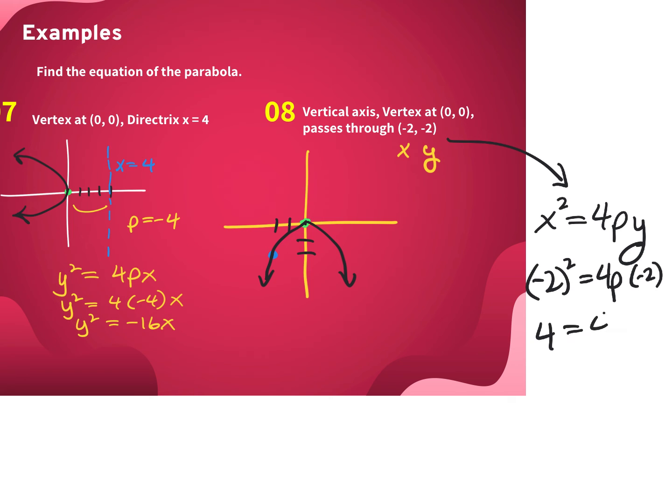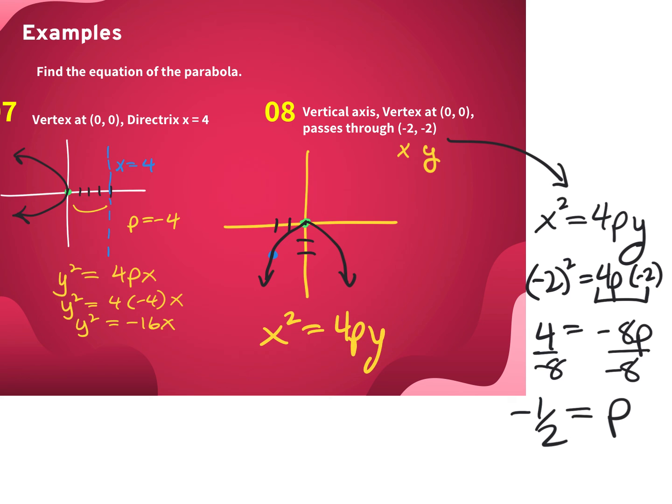So 4 equals, and then I can multiply 4 times -2 and get -8p, divide by -8. I can reduce 4 over -8, and my p-value is -1/2. I now need to take the p-value and plug it back in to the x squared equals 4py. X squared equals 4 times -1/2 y, multiply 4 and -1/2, and I get -2y.